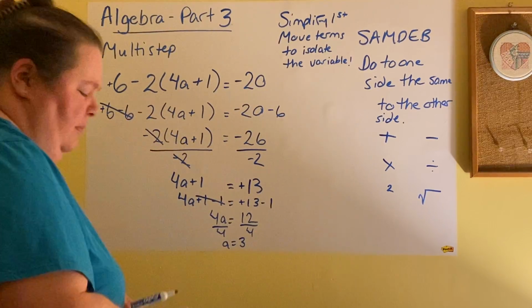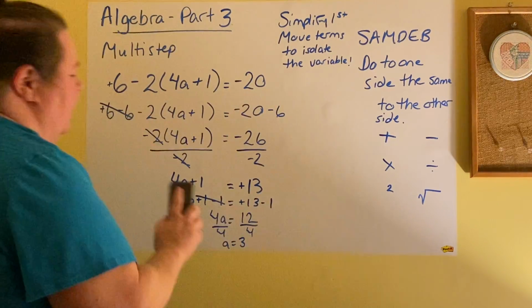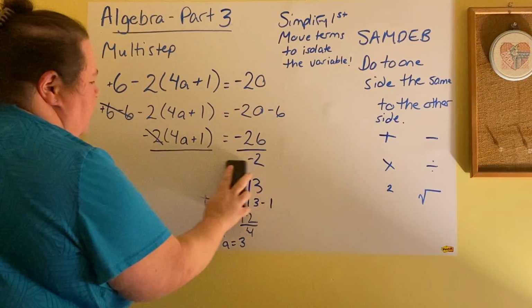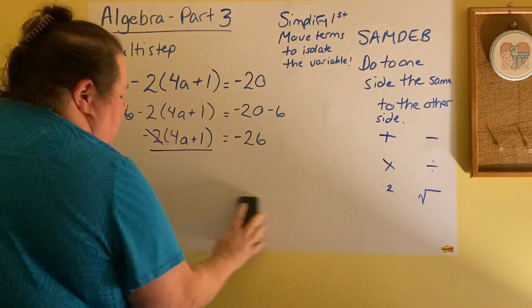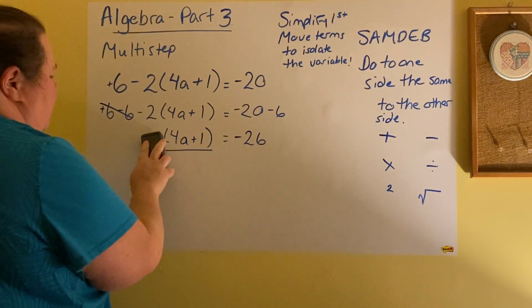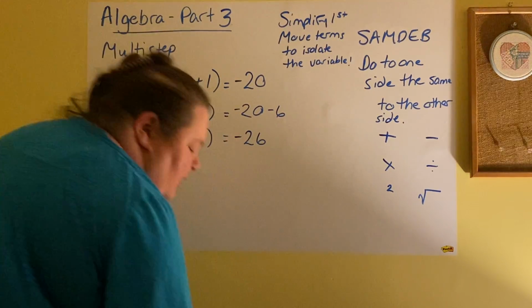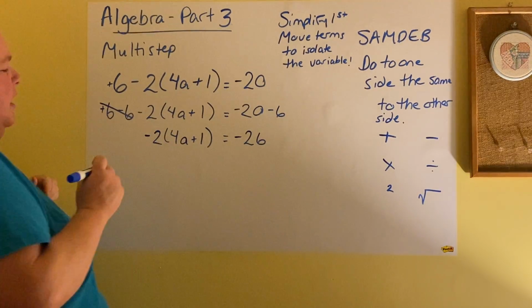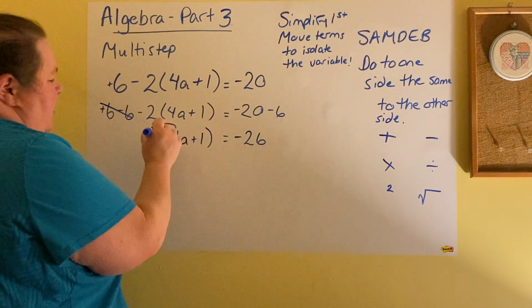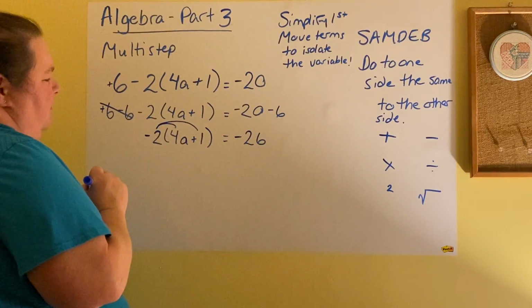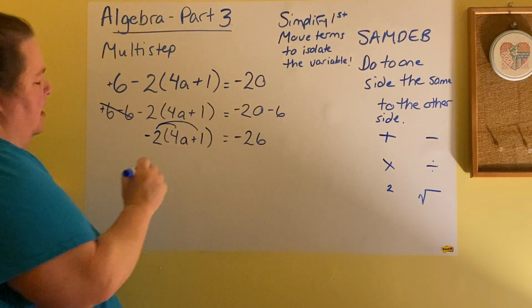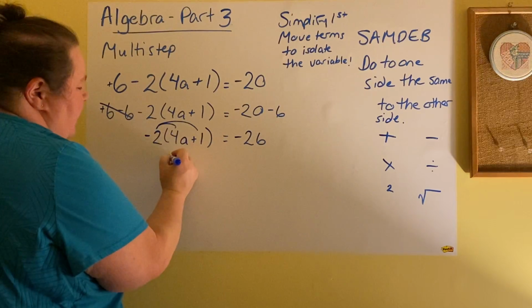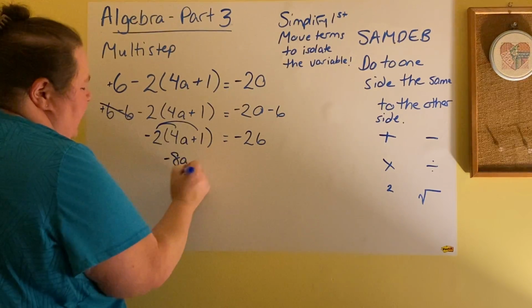Now, going back, I'm going to show you what the other option was that I talked about with respect to doing the distributing. So here's my negative 2. So at this point, I could have gone back and multiplied that negative 2 by everything inside the brackets. So negative 2 times 4a is going to be negative 8a.